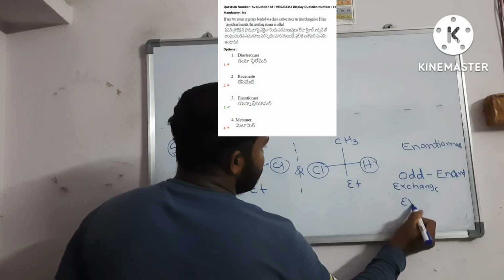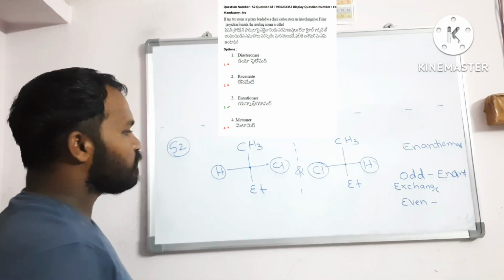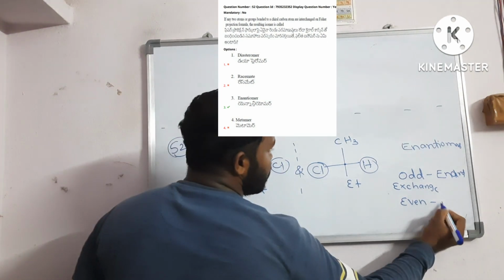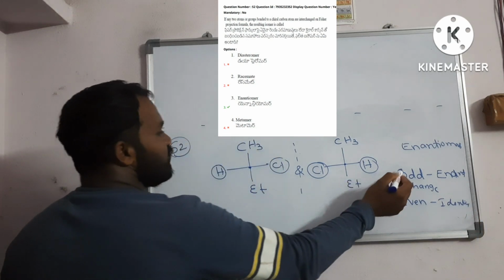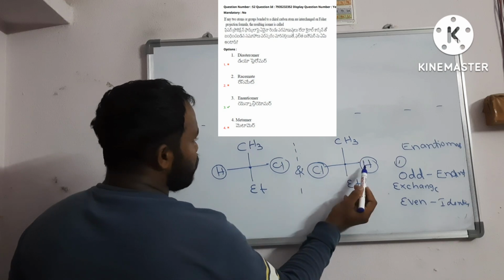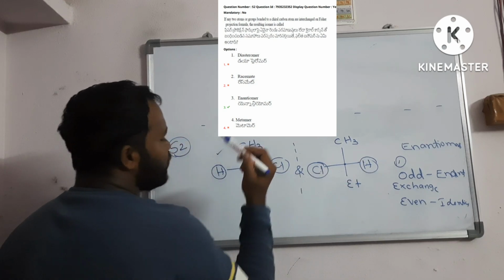If you exchange an even number of times, like 2 times, 4 times, or 0 times where we are not changing, then it is called identical. If you take an odd exchange, one time, and if you take 2 times, it comes back here, and you will get the identical structure.